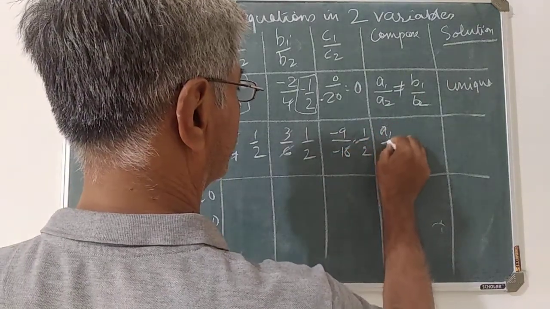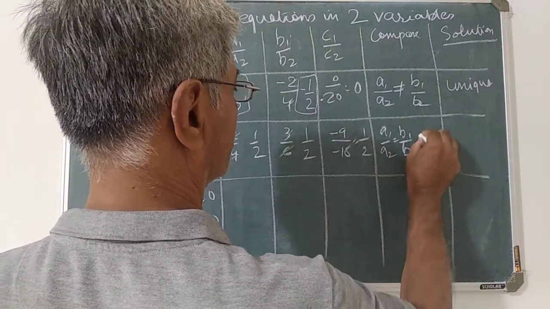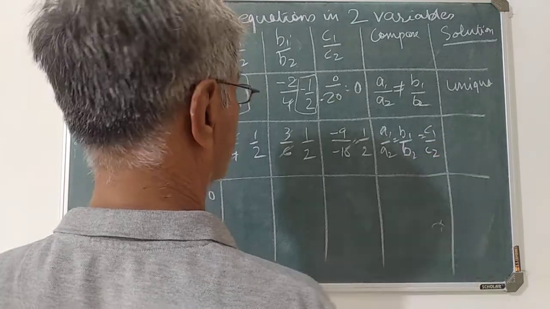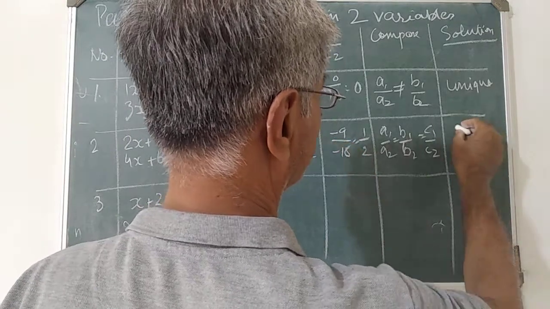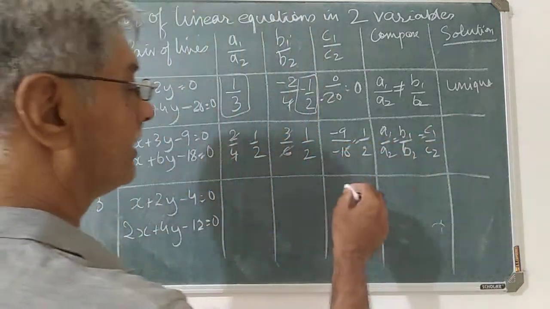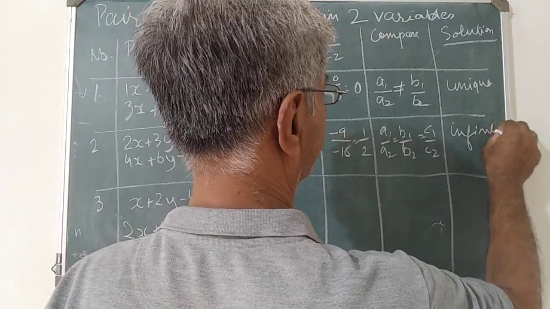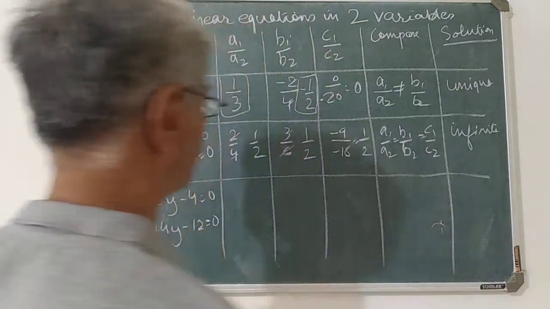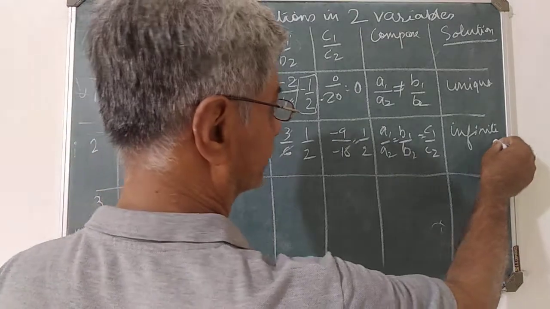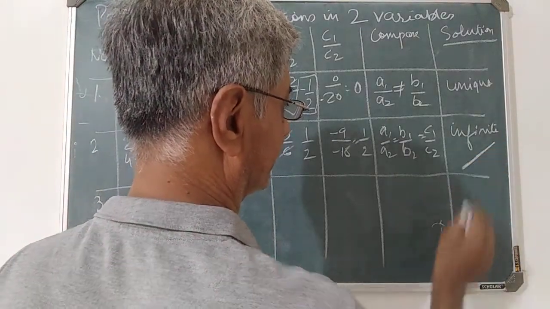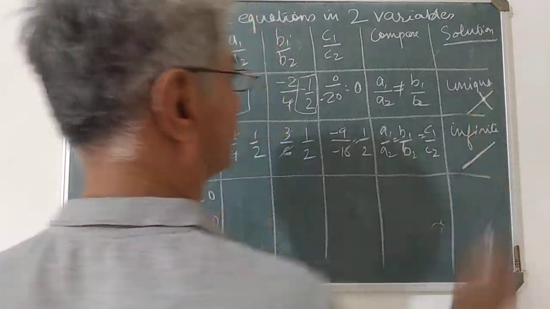So if a1 upon a2 is equal to b1 upon b2 is equal to c1 upon c2, then it is coincident. It has infinite solutions. There are many solutions because one line is above the other line.